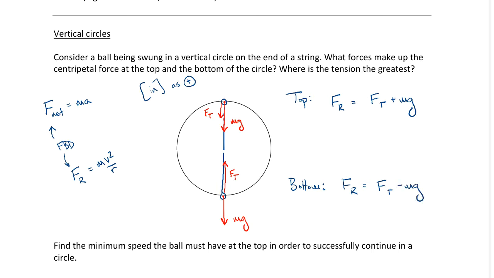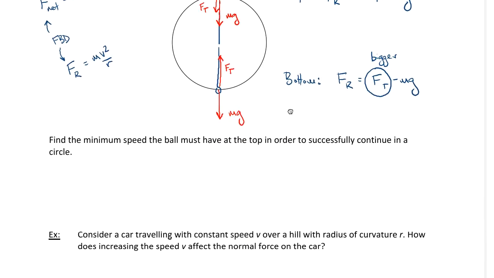And so we can see that the force of tension at the bottom must be bigger than it is at the top, because at the bottom it's the difference between the force of tension and the weight pointing inwards that's giving us our centripetal force, whereas at the top the two sum together. And so the force of tension has to be larger at the bottom to not only counteract the weight, but whatever's left of it when this difference is done, that's providing the centripetal force to keep the object going around in a circle. Let's take that a little further.